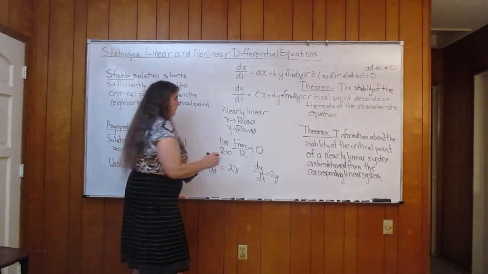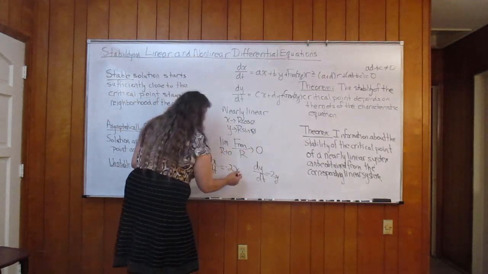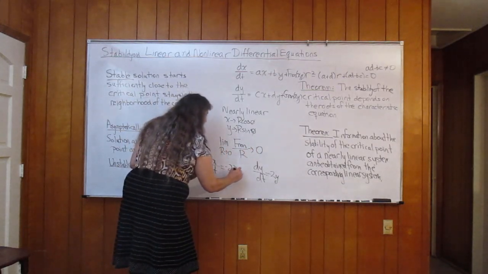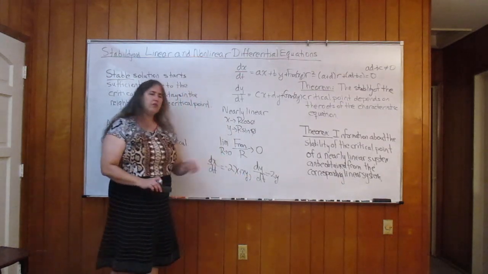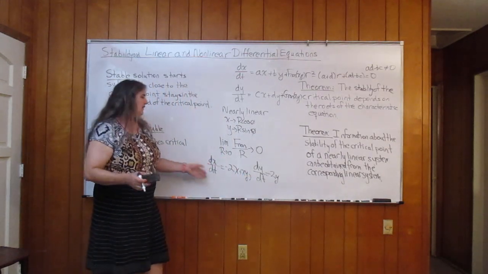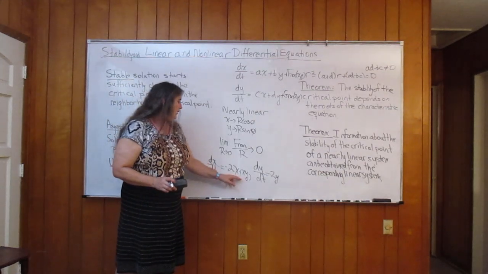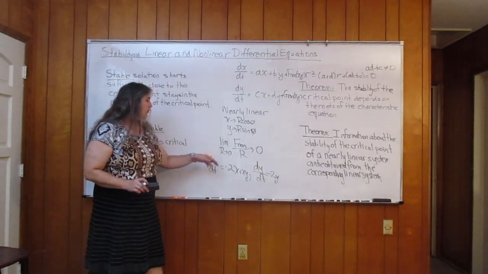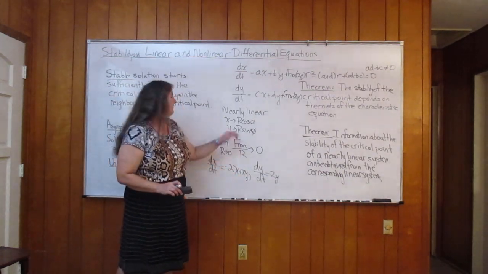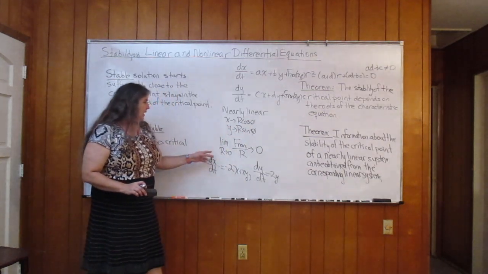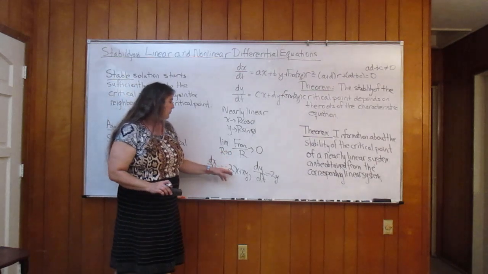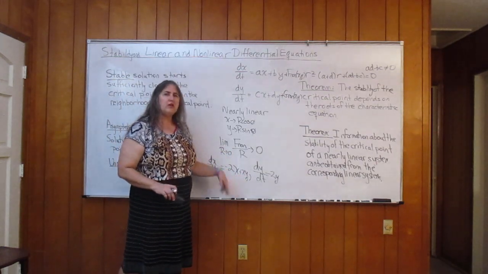Now, a nearly nonlinear system, or rather a nearly linear system, could be −2x + xy. It could be anything in that form, but we'll just take this example in particular. Now, if I were to make the substitution that x is equal to r cosine theta, y is equal to r sine theta, and divide that by r and take the limit as r goes to 0, that contribution is going to go to 0.